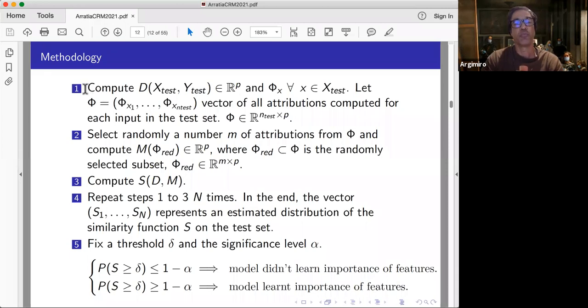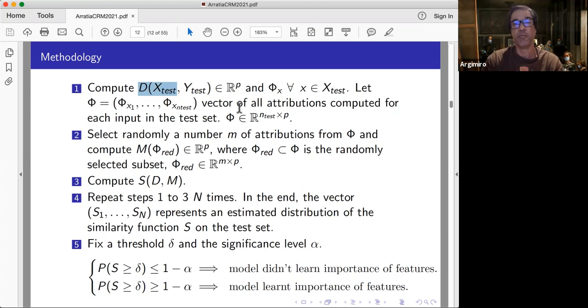Okay, so compute the data explainer, the values from my data explainer, in the testing set. These are the true values in my unseen testing data, right?